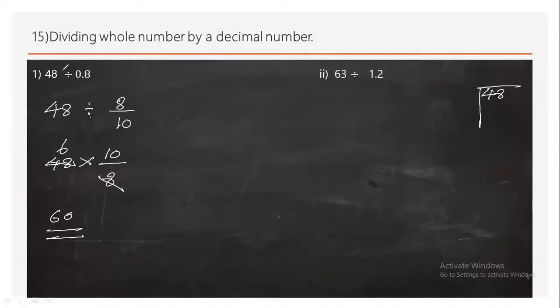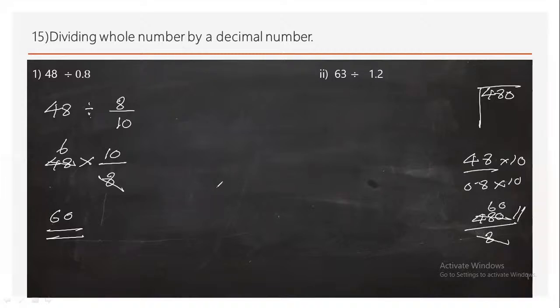When we are removing the decimal, you can write 480 divided by 8. Some children used to do like this, 48 divided by 0.8. We don't like the decimal place. This is by 10. This is also by 10. Then 480 divided by 8. Then also you can get the answer 60. If you like this method, you can follow.